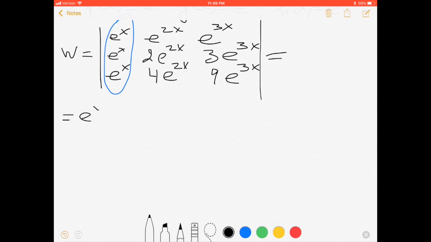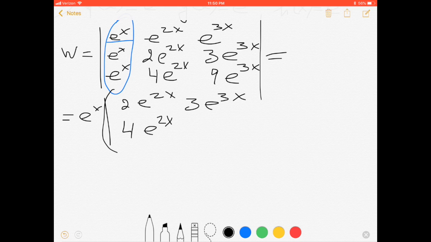It will be e to the x, parentheses here. Here, for fixing the first e to the x, I have 2e to the 2x, 3e to the 3x, 4e to the 2x, 9e to the 3x.